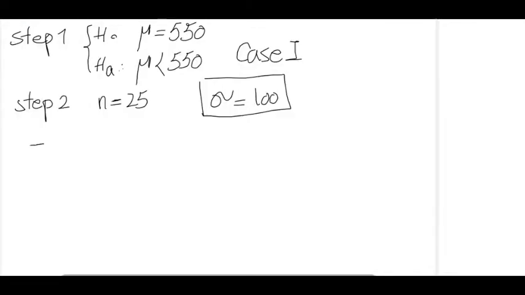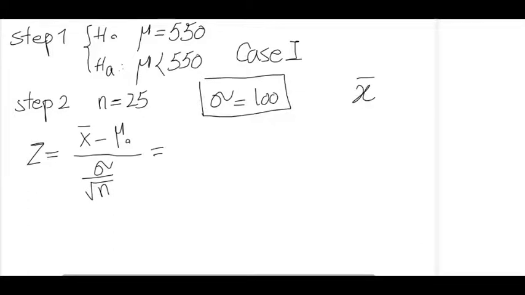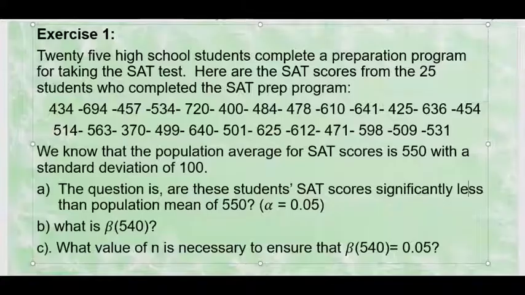According to the test statistics, we need x bar: x bar minus mu 0 divided by sigma divided by square root of n. So we need to calculate x bar from these 25 values. So from 434 to 531, you need to obtain the summation of these values divided by n.